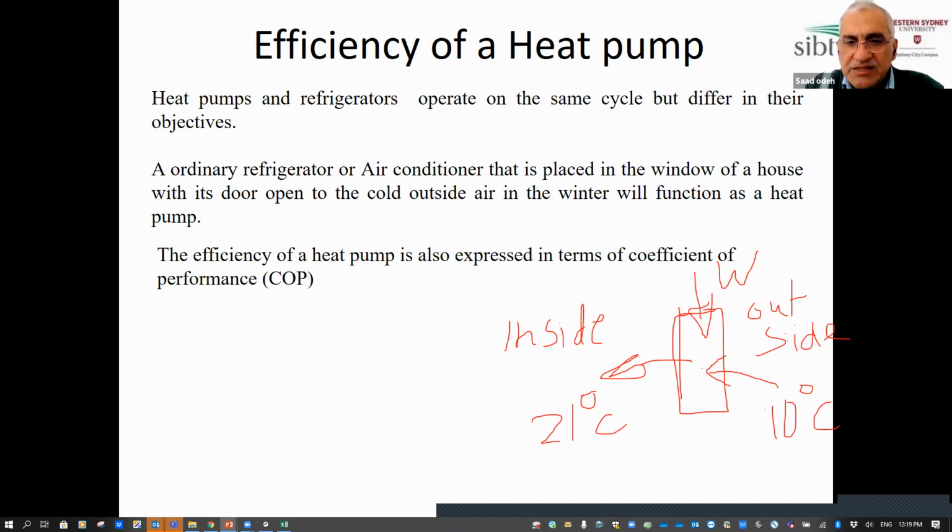And we're trying to get massive energy, even if it's at 10 Celsius, we are trying to get heat from this air as much as we can, and take this amount of heat by using a refrigeration cycle and take it inside the house to heat the house.